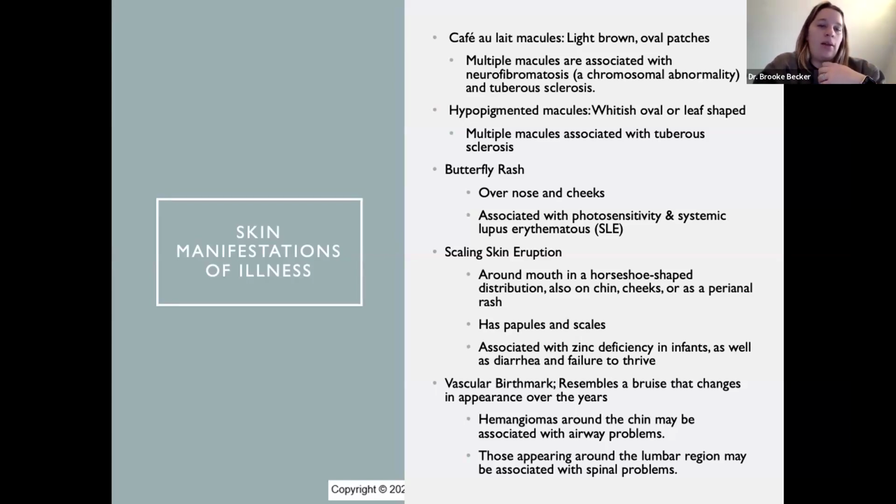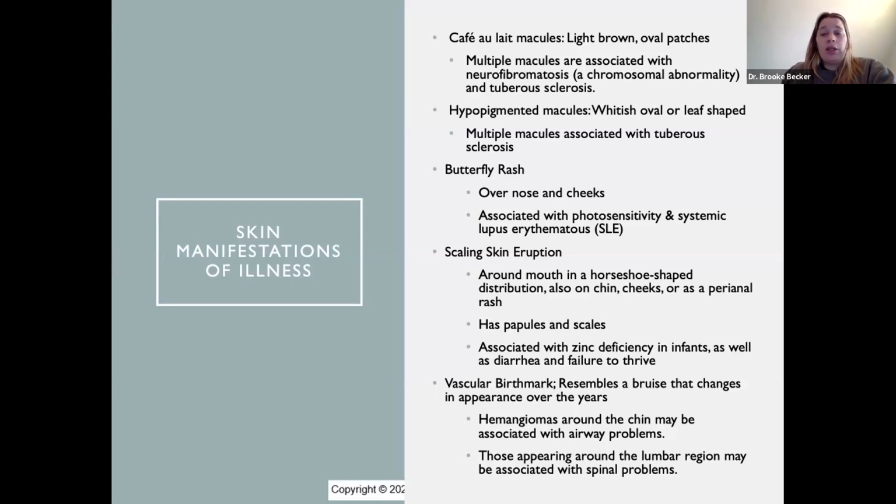And then that's when you get impetigo and skin infections like that that need to be treated with oral antibiotics or with topical antibiotics. But scaling skin is usually from a zinc deficiency. Okay. You'll see this rash plus failure to thrive, so they're not going to be gaining weight and growing appropriately, and also diarrhea. Okay.